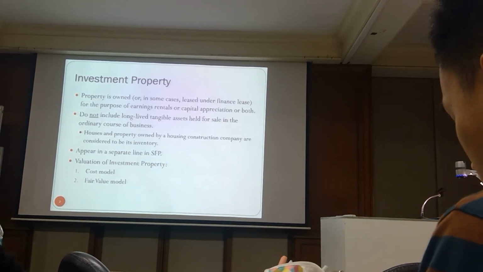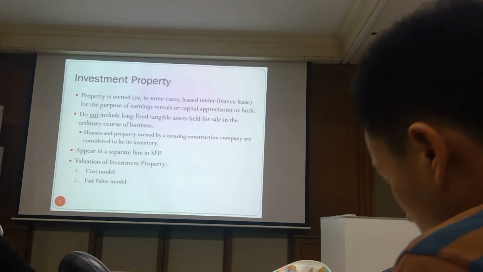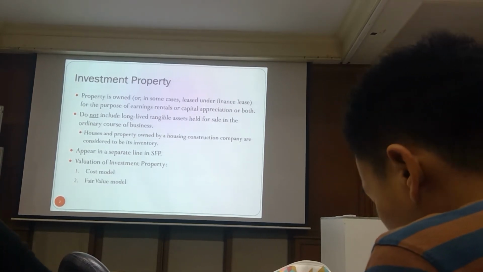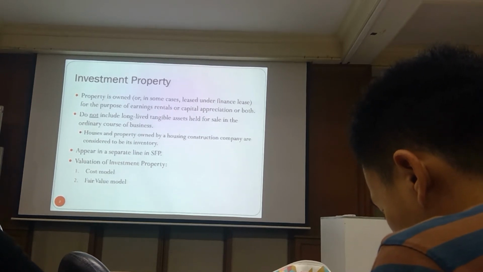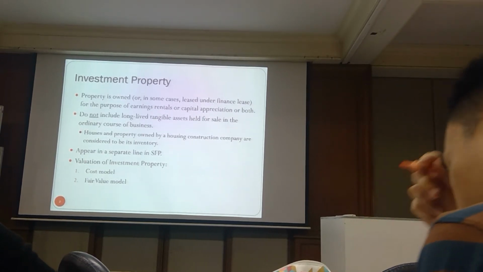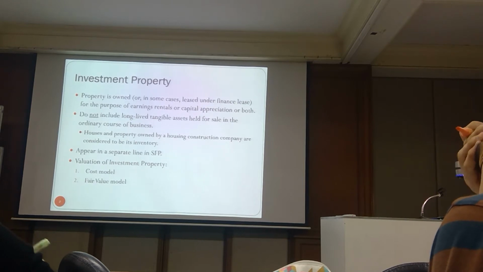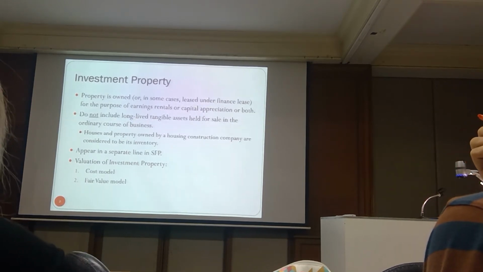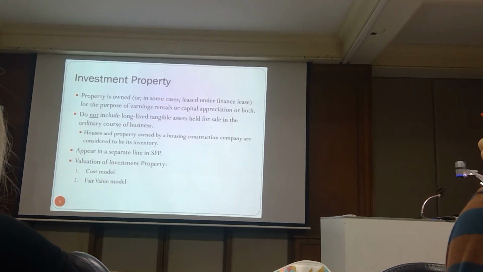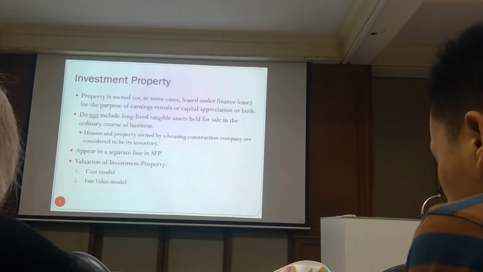Now, what if you say, no, this is my investment property. I should treat it just like I treat my investments. For investments, you need to mark to market, right? Because you want to speculate. It means you choose the second method, the fair value model.